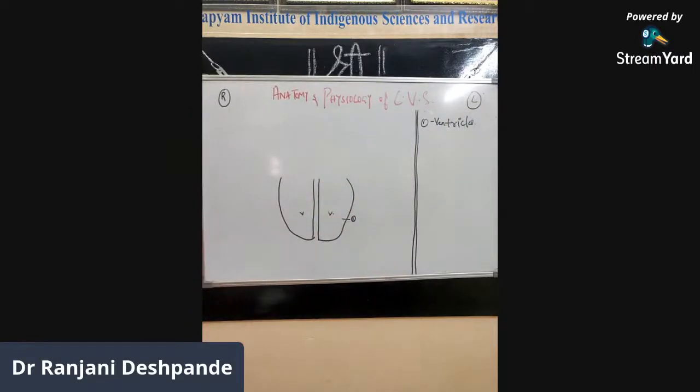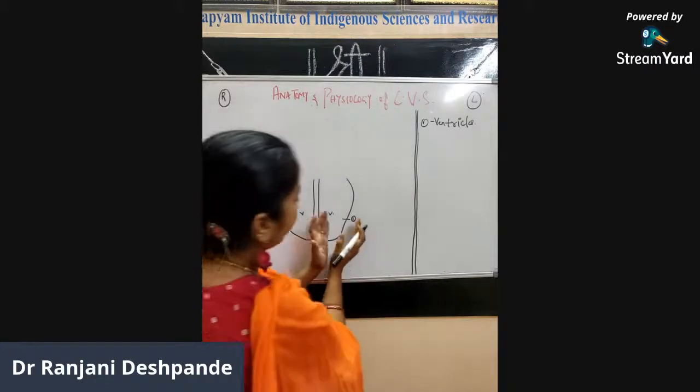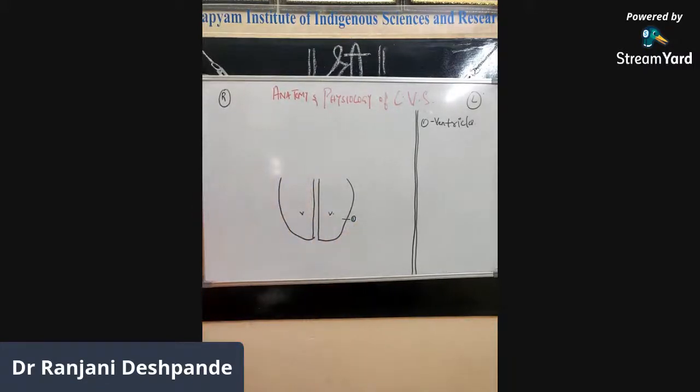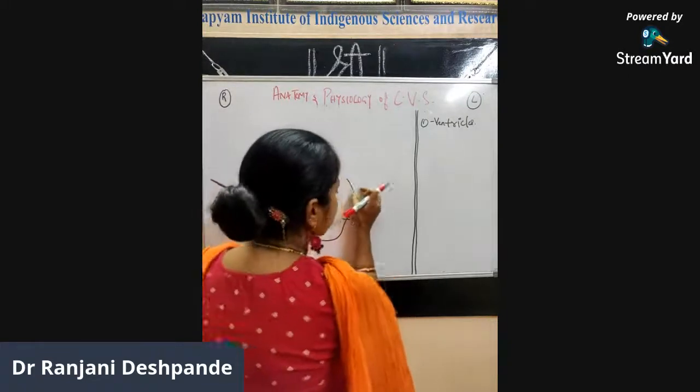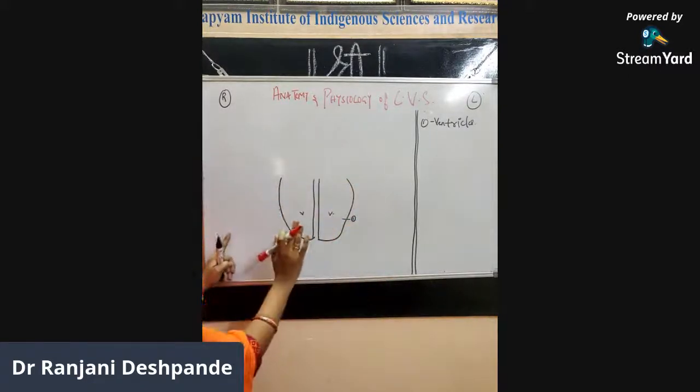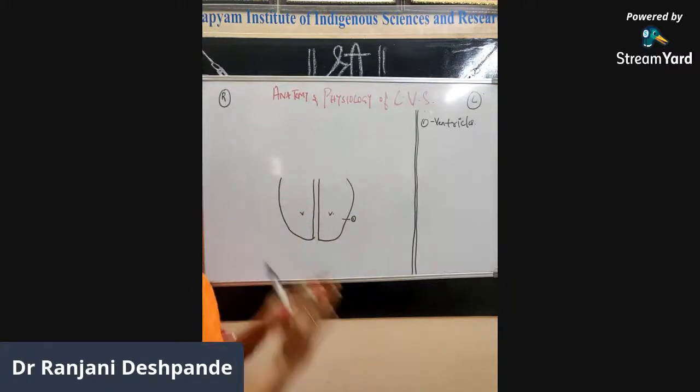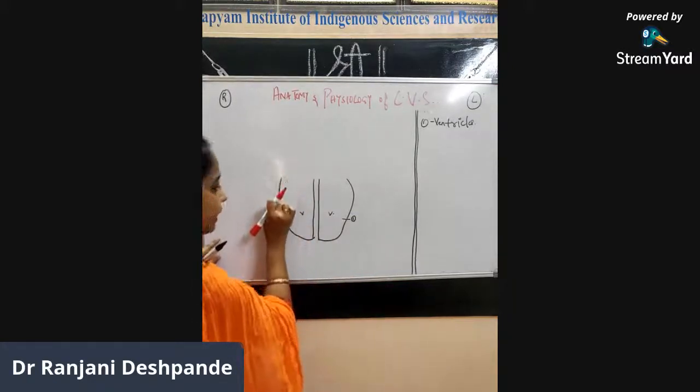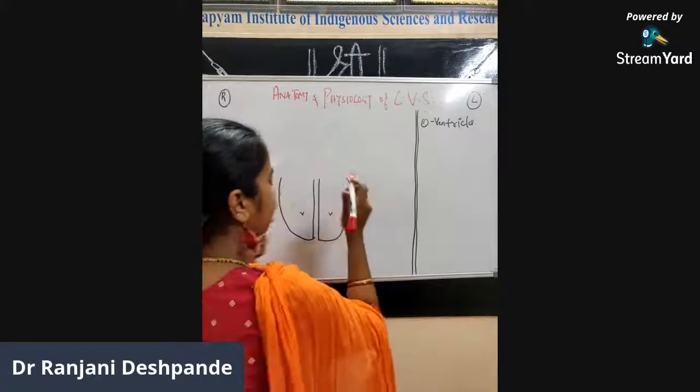Now moving further, this left ventricle particularly has a thick layer of muscle. On the contrary, the right side also has a layer of muscle, but it is a little bit thinner compared to the left part of the heart.